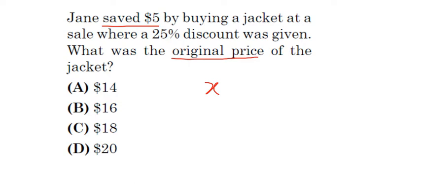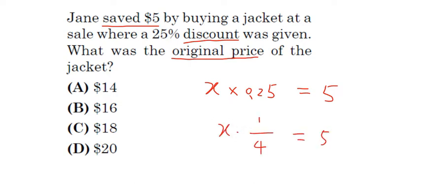Saved from the 25% discount is just multiplying by 0.25. This is what he saved, right? So this equals 5. So we can find X, right? And 25% is just 1/4. So we can say X equals 20.